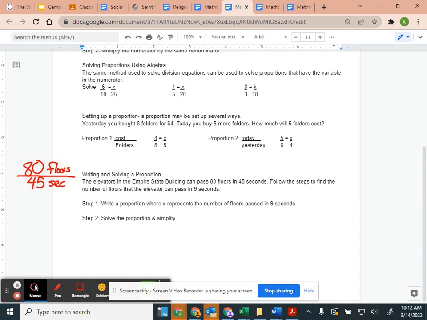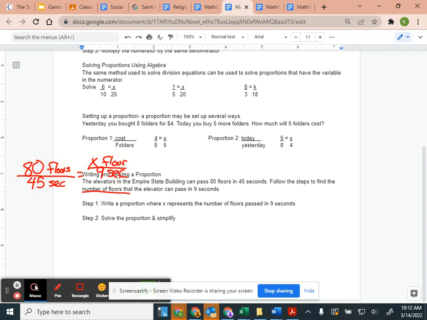So we want to know how many floors, because our question is the number of floors. So x floors over 9 seconds. So we want to make sure that we have floors to floors on the top, seconds to seconds on the bottom. What's my first step in solving this, Nick?